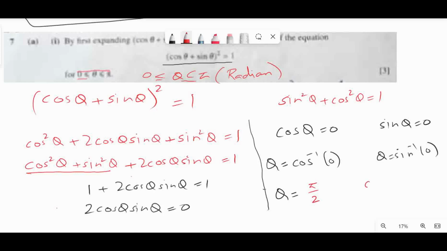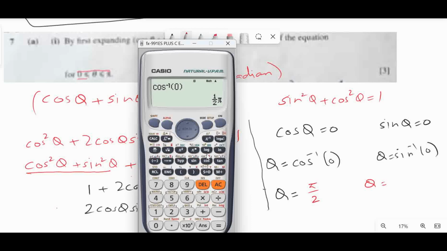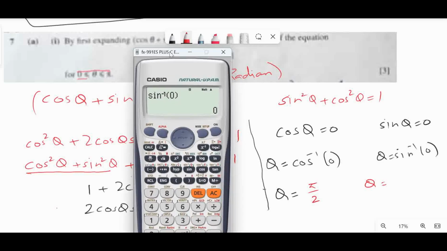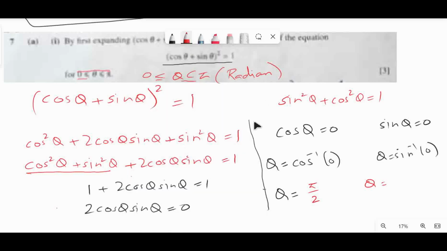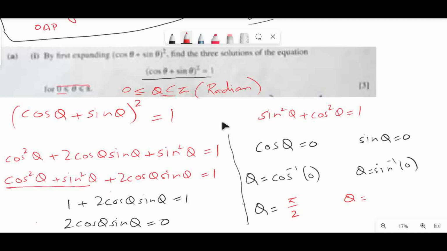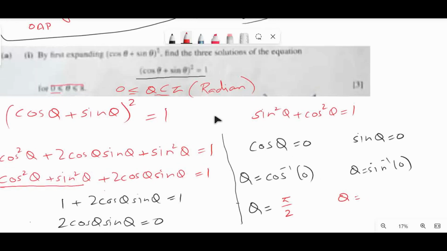Now here theta will be equal to, let's see the sine inverse. So shift sine inverse of 0. This will be equal to 0. Now as in the question it was given that we have to find 3 solutions of the equation.